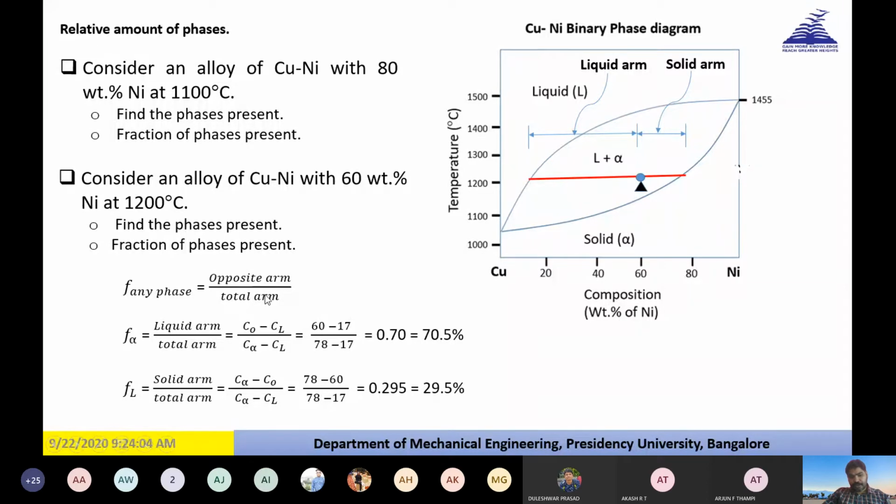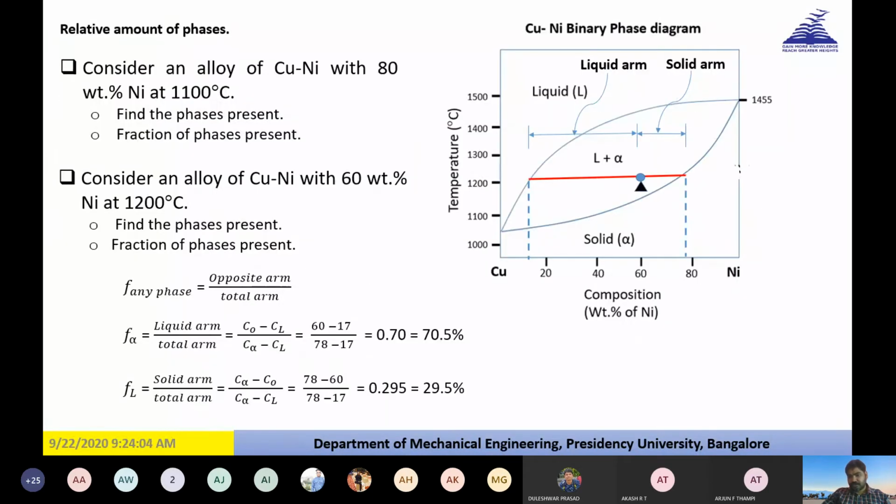Now here, the fraction of alpha, that is the solid phase, will be equal to liquid arm divided by total arm. What will be the liquid arm here? So this is the liquid arm over here, that is nothing but C naught. This will give you the composition of liquid, and this will give you the composition of alpha.